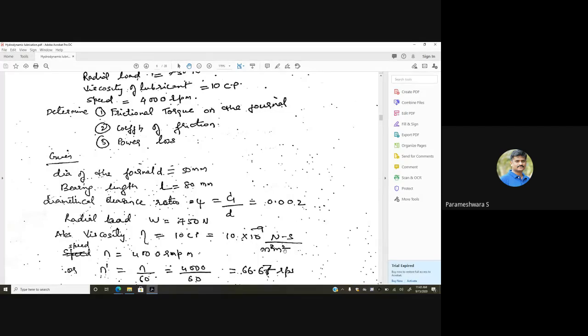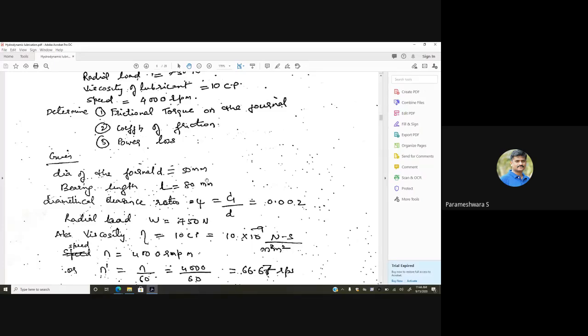It converts to Newton second per mm square. In a few cases, they will directly give it in Pascal second. Pascal second means Newton per meter square second, so here you are converting it to Newton second per mm square.